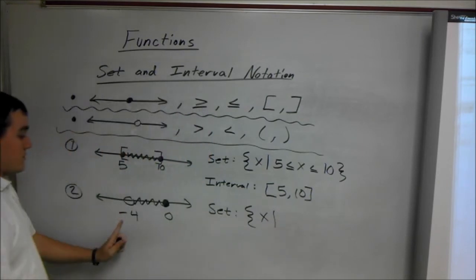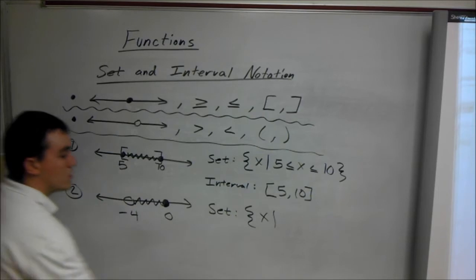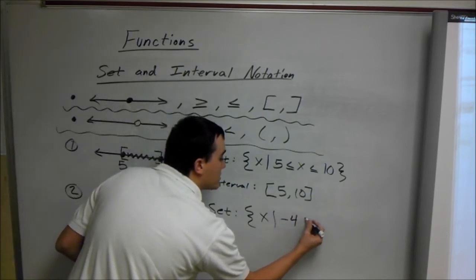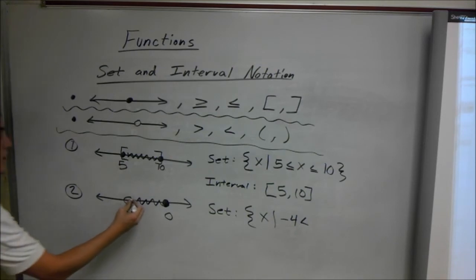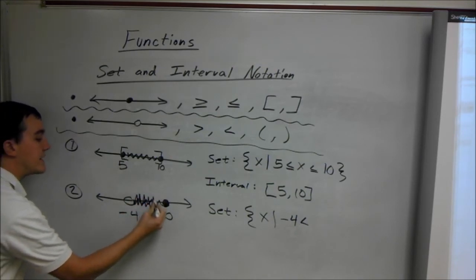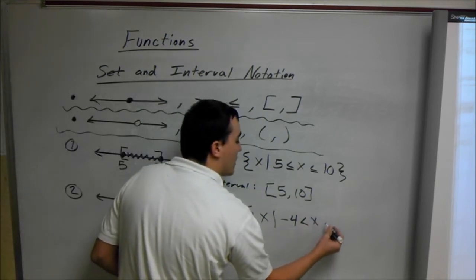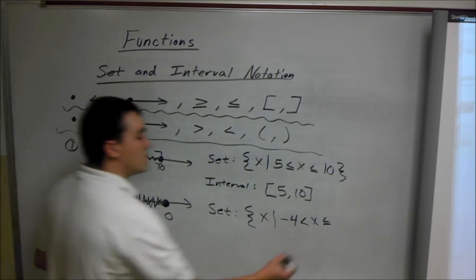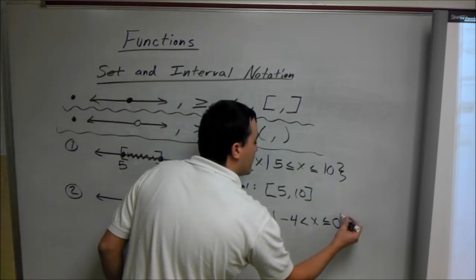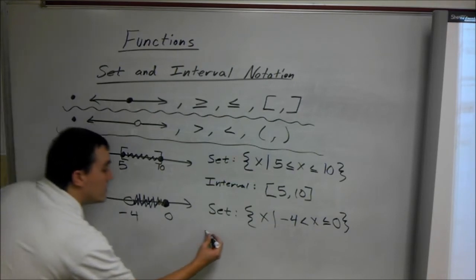We are going from -4, but it's an open circle. So, still start with -4. Since it's an open circle, you just use less than. Because we know all of our x values live between -4 and 0. So -4 is less than all our x values, which is less than or equal to, because it's a closed circle, 0. And interval notation just kind of follows through.